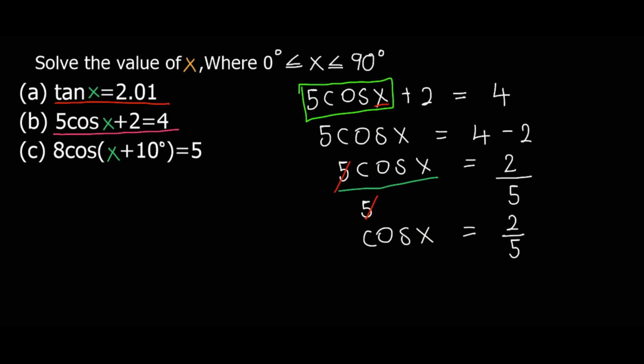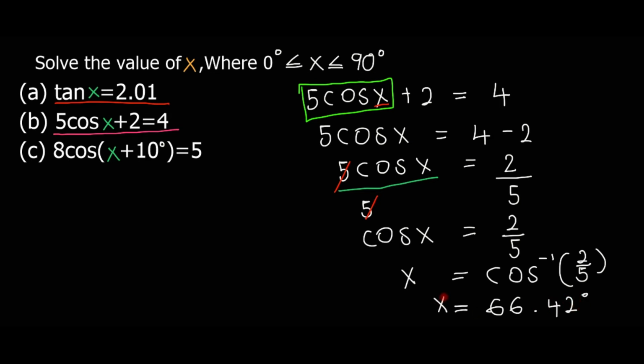This means we can remove this cos, so you press shift cos, and then you will have x is equal to, and you enter 2 over 5, which gives us 66.42 degrees. So this is our final answer.